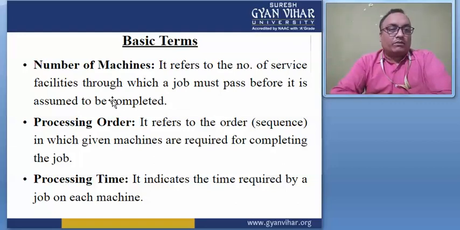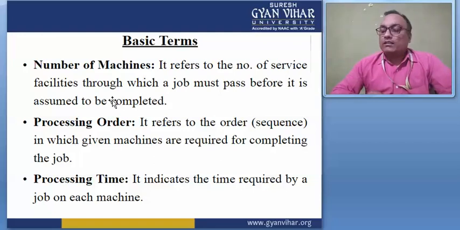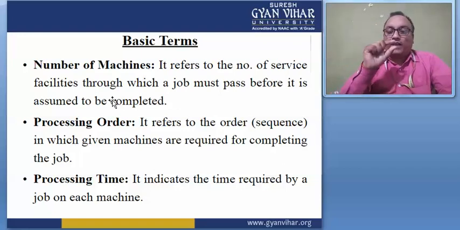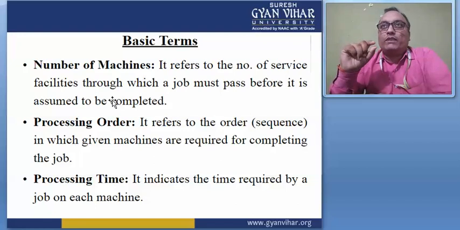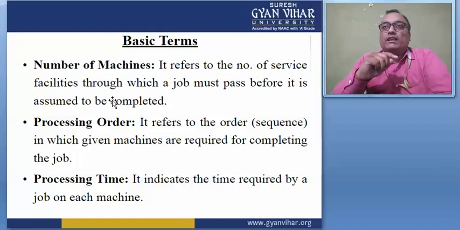And then processing order. It refers to the order in which given machines are required for completing the job. Suppose in your workshop there are different types of machines: a lathe machine, drilling machine, milling machine, and shaper machine.